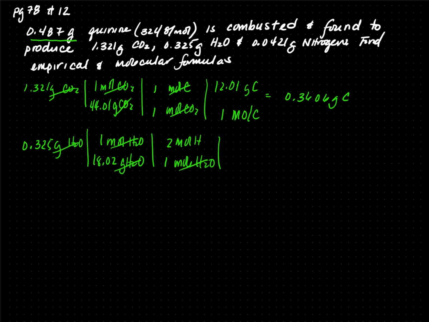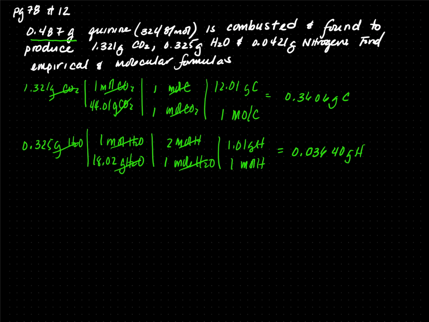The moles cancel out. Moles of hydrogen. 1 mole is equal to 1.01 grams of hydrogen. So we multiply out the numerator, we multiply out the denominator, and divide. It's 0.03640 grams of hydrogen.